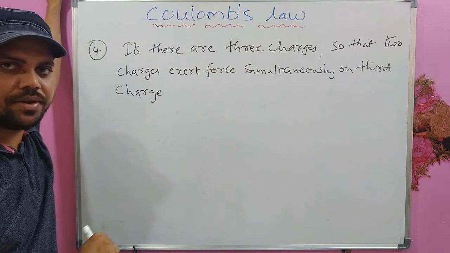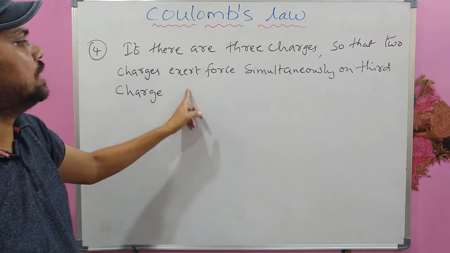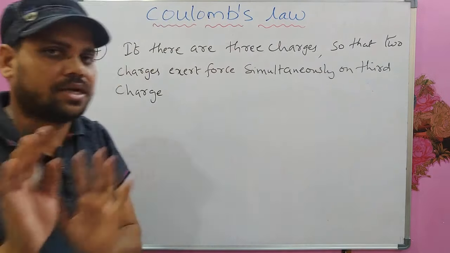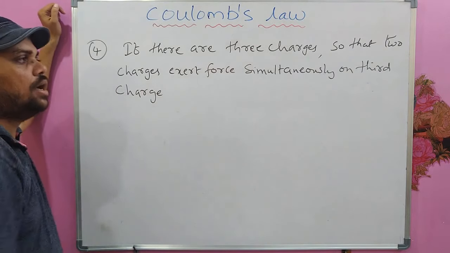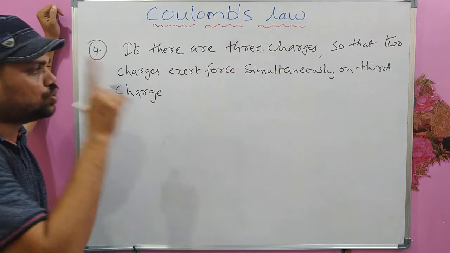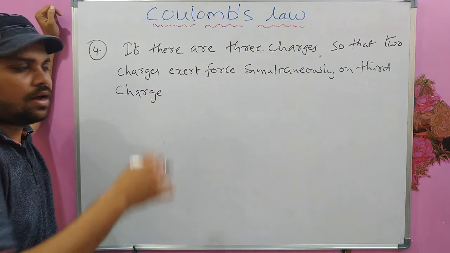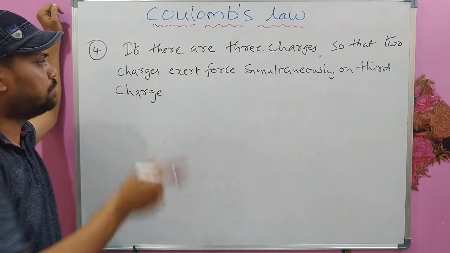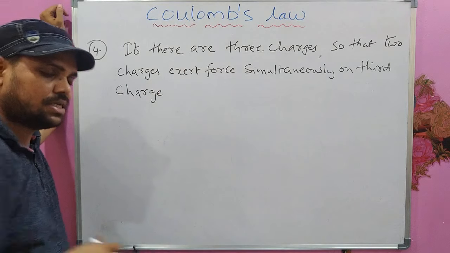Three charges are there and two charges exert force simultaneously on the third charge. What does that mean? On the third charge, two forces are being exerted. One is by the first charge and the other one is by the second charge.